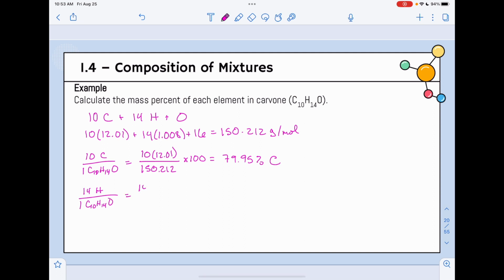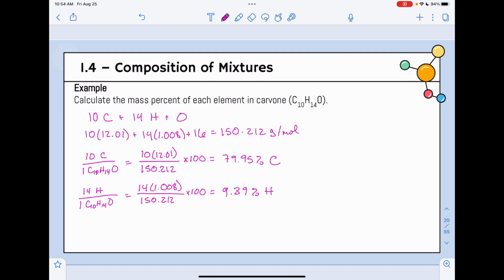So I've got 14 times 1.008 divided by my total mass times 100, which comes out to be 9.39% hydrogen. And then last but not least should be oxygen.